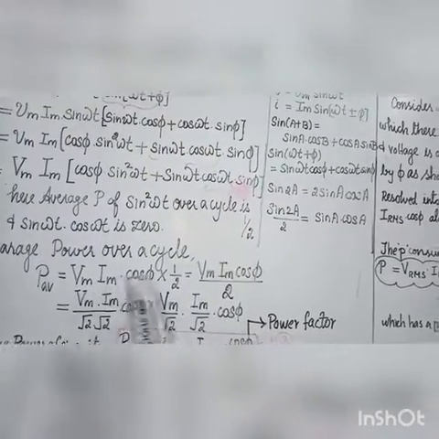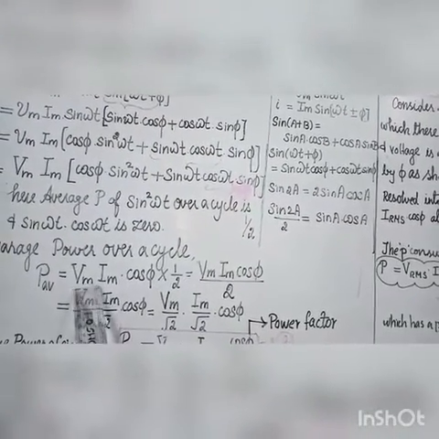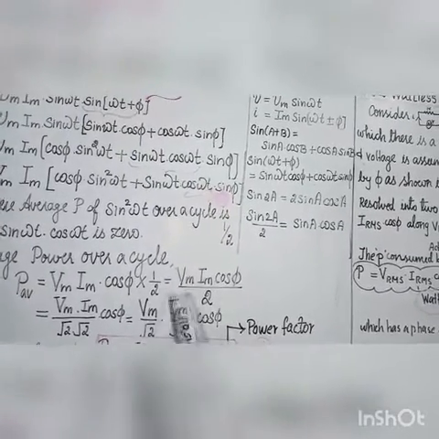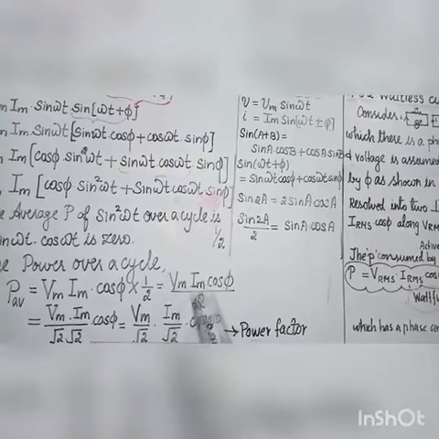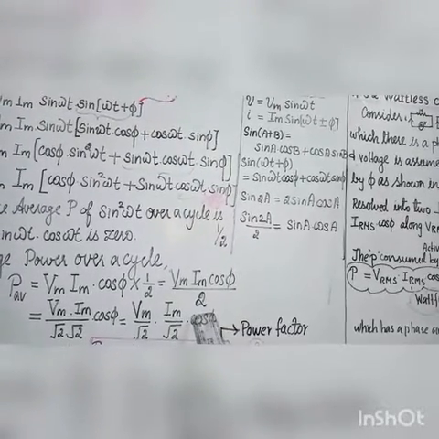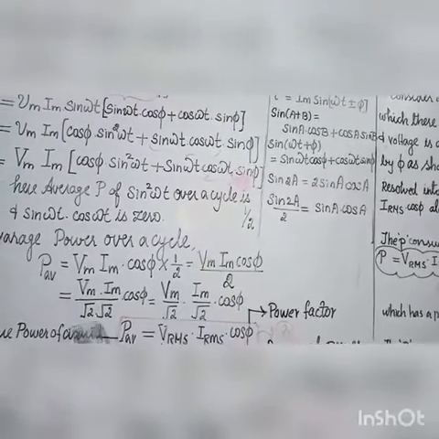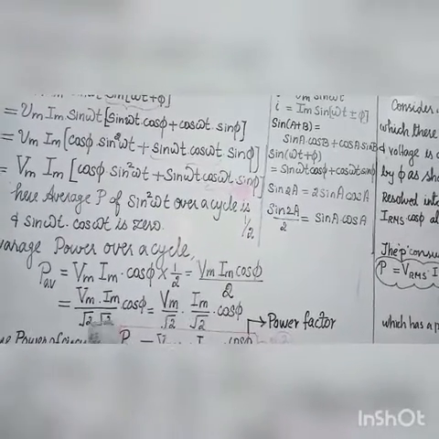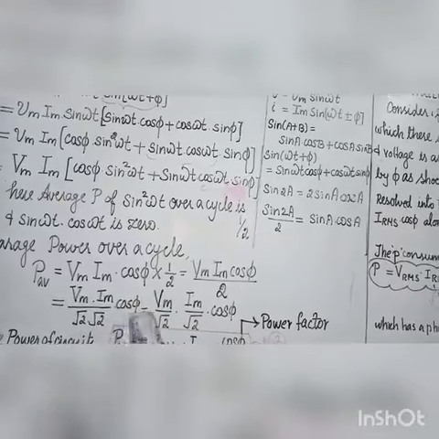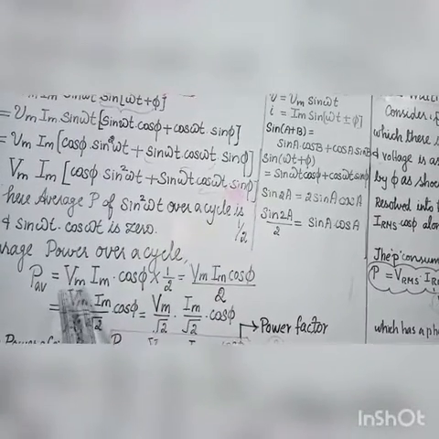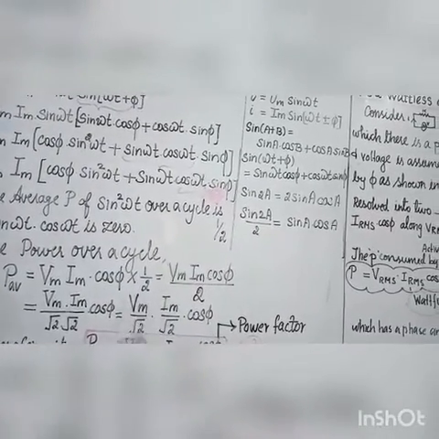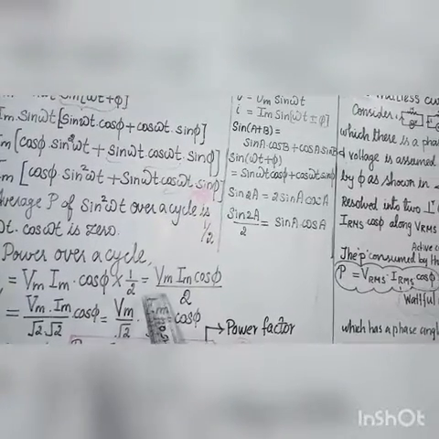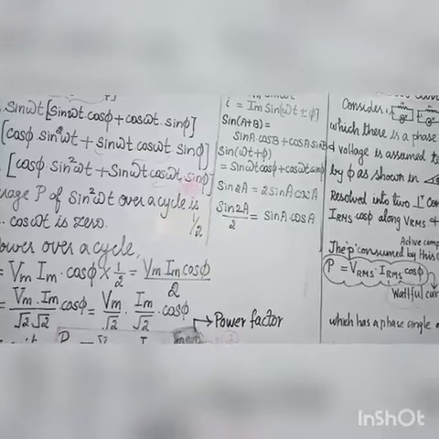Now write this as Vm Im cos phi divided by 2. The 2 can be written as root 2 times root 2, so P is equal to Vm divided by root 2 times Im divided by root 2 times cos phi.